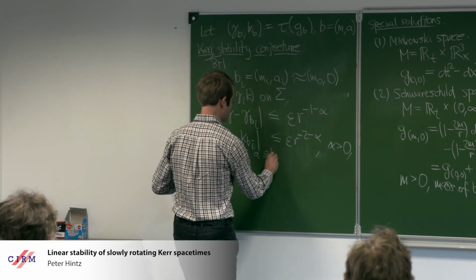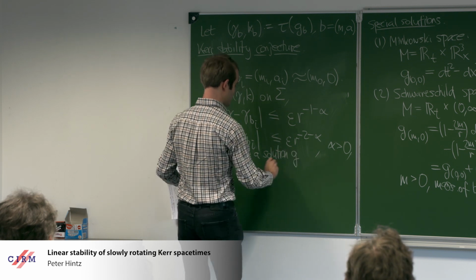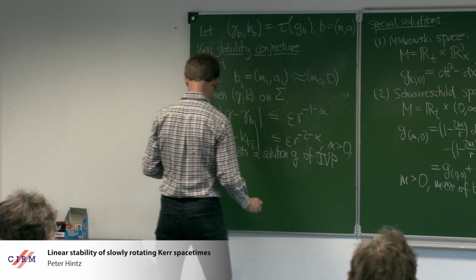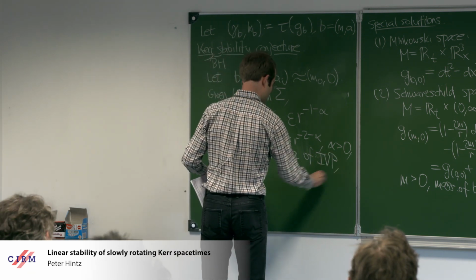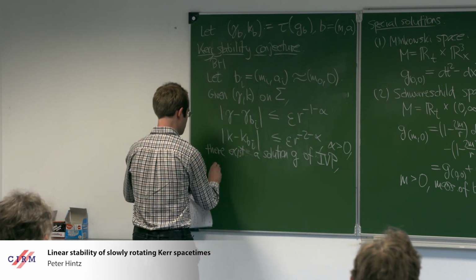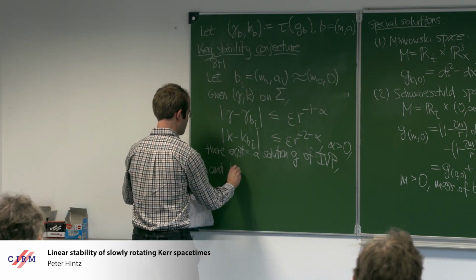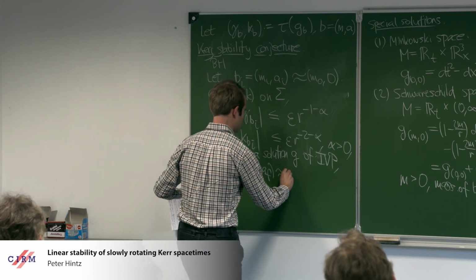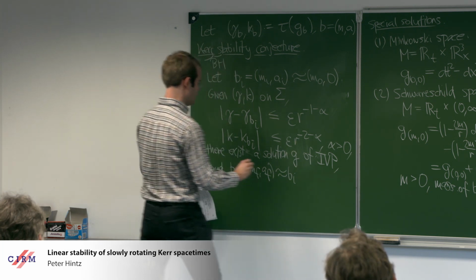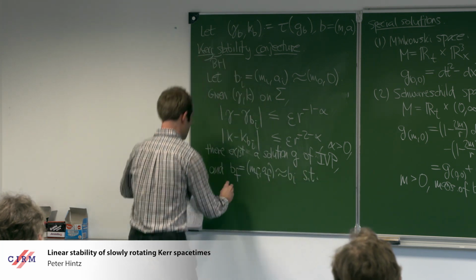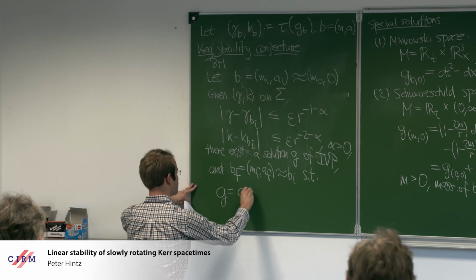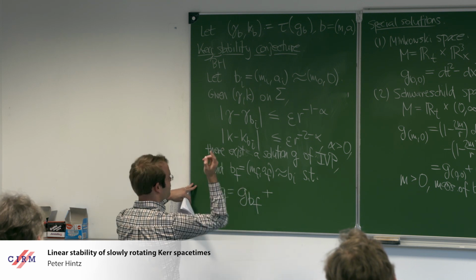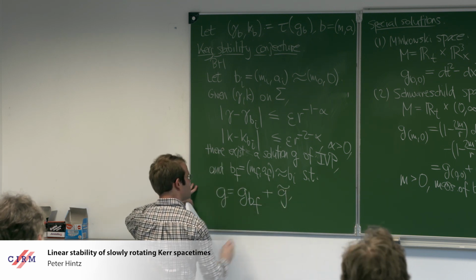a solution g of the initial value problem, which moreover has the following form. So there exist two things: a solution and black hole parameters b sub f, for final, which are close to b sub i, so that the solution g of this initial value problem is equal to the Kerr metric with these final black hole parameters, which in general will be different from those of the initial black hole, plus some error term g twiddle.